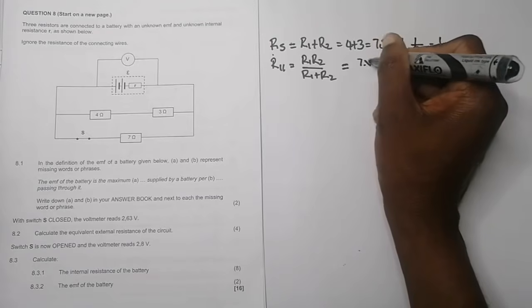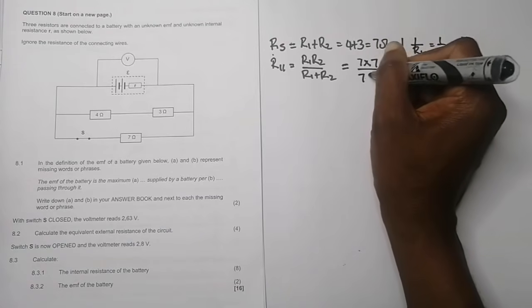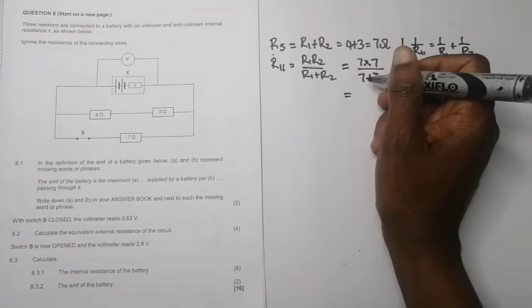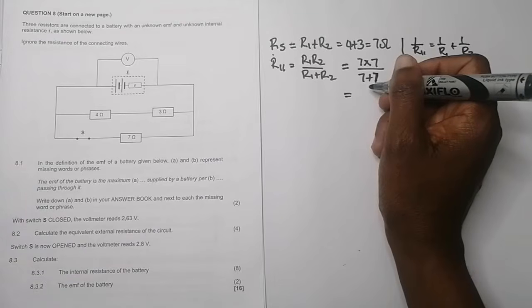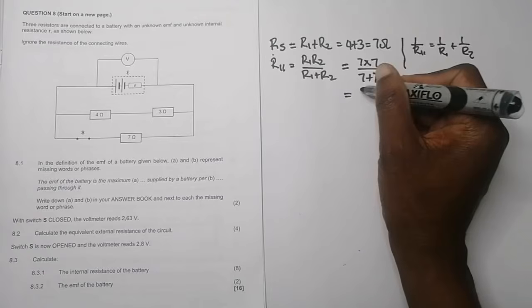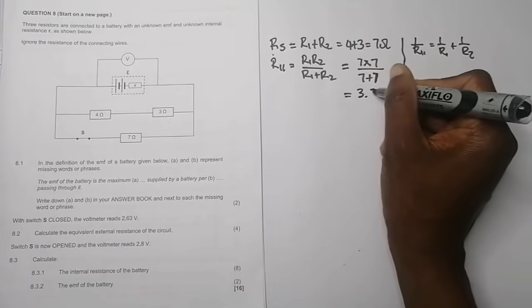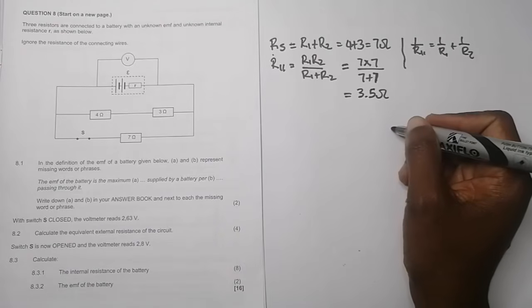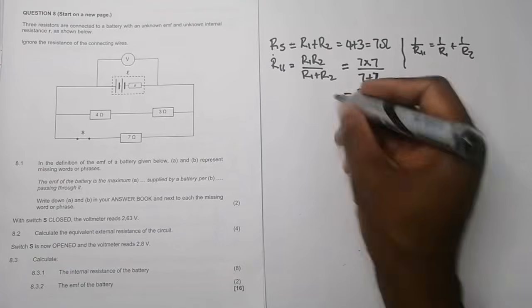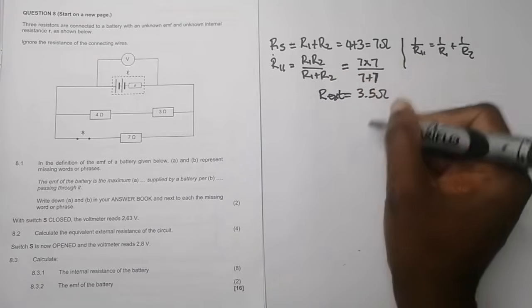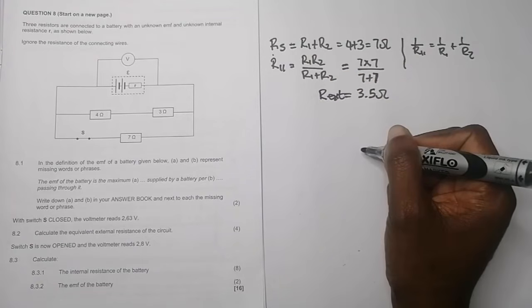So we've got 7 multiplied by 7 divided by 7 plus 7. And by the way, note for the future, if you've got two equal resistors in parallel to each other, the effective resistance will be half of one of them. So the effective resistance is half of 7, which is 3.5 ohms. That's our equivalent resistance. So R external should be equal to 3.5 ohms.